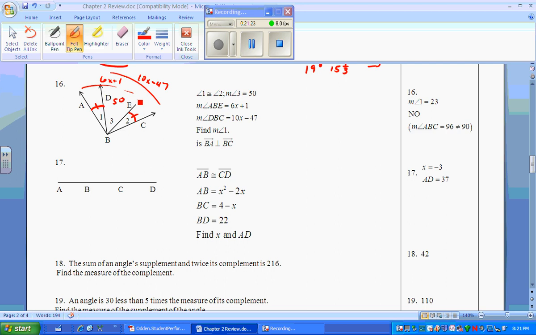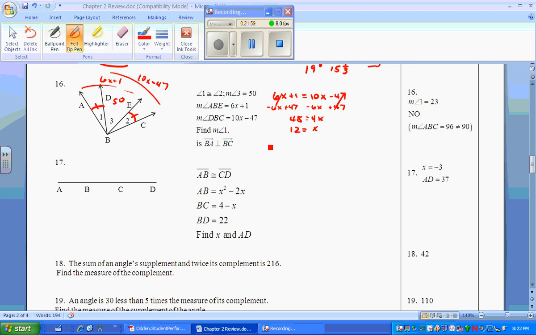Since 1 and 2 are congruent, these overlapping pieces are congruent, so we can say 6x plus 1 is equal to 10x minus 47. Subtract the 6x over this way, add the 47 the other way, so we get 48 is equal to 4x. So x equals 12.